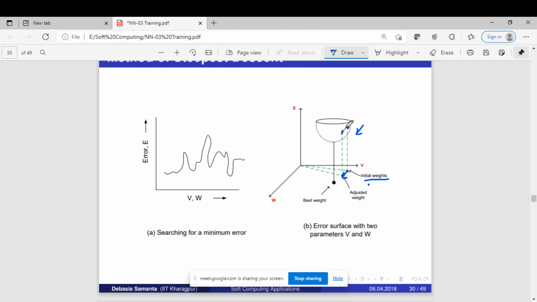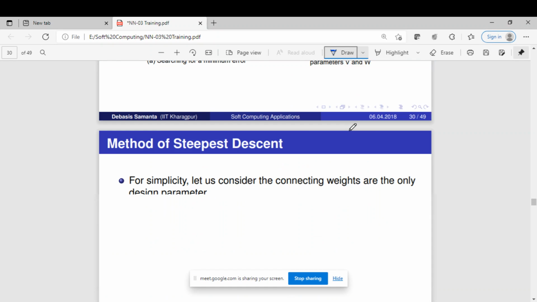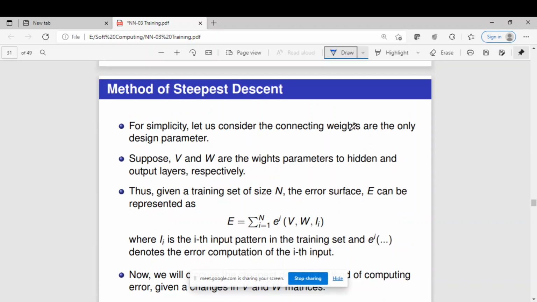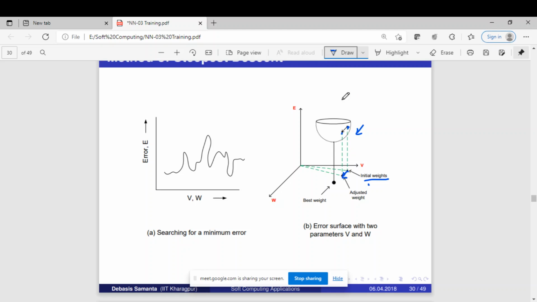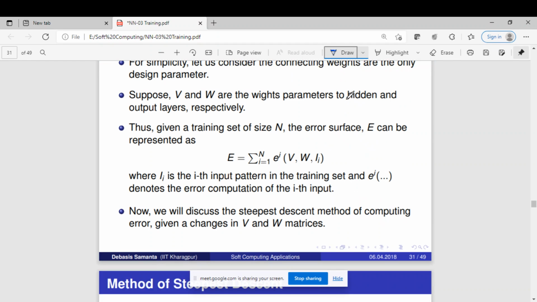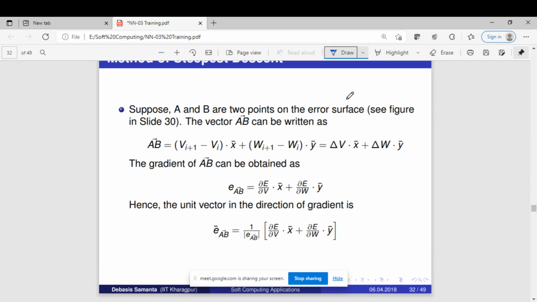So this movement of the value from one point to another can be represented as a vector. If this solution is A before adjusting the weights, and this solution is B after adjusting the weights, then this can be represented as the vector AB.